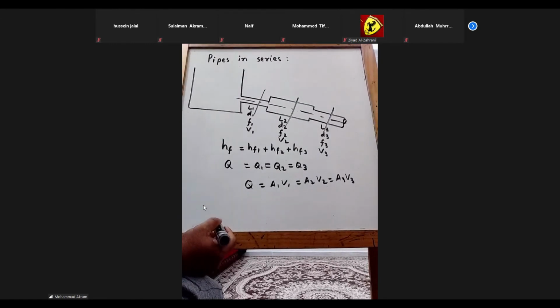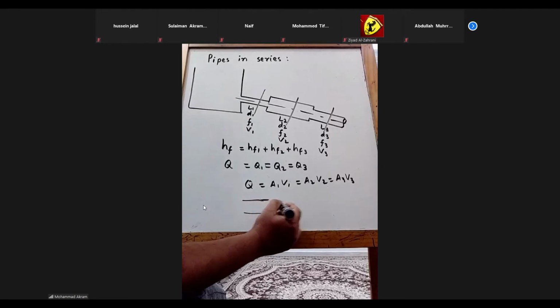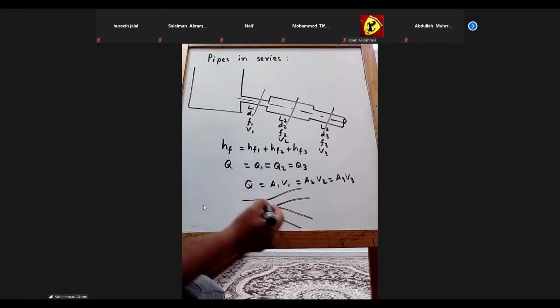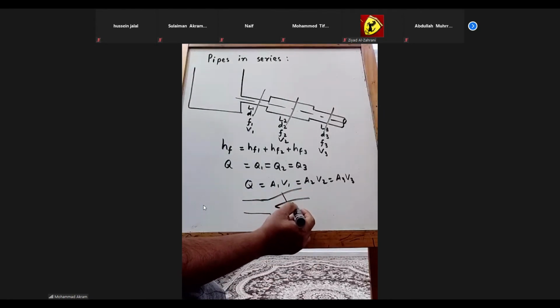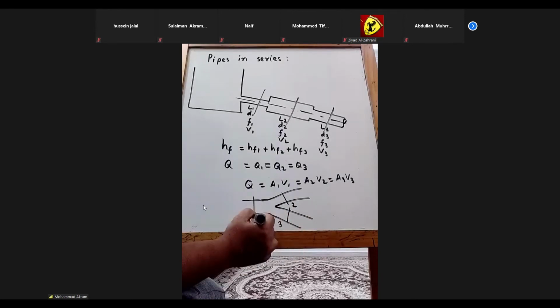Okay, just to make it clear, I am giving you another example. This I will explain later. Say I have one pipe. We discussed this already in chapter 3. Now say this is 2, this is 3, and this is 1.